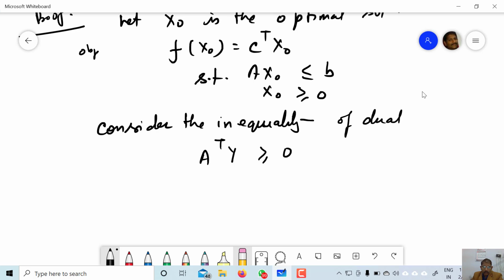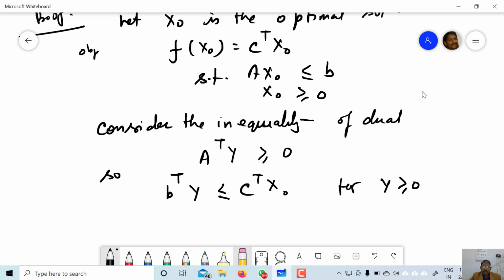This is the dual of the above problem. So we can write b^T y should be less than or equal to C^T x0, for y greater than or equal to 0. Because this is the dual, I have already explained this.